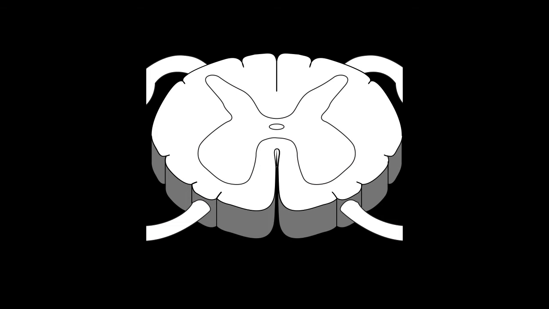And within the spinal cord, there's these two types of matter. In the middle, we have that butterfly, or H, looking shape, that's called the gray matter. And the gray matter is where cell bodies will be housed and where synapses can occur. And then everything around that H or the butterfly is called white matter. And white matter is big myelinated tracts.